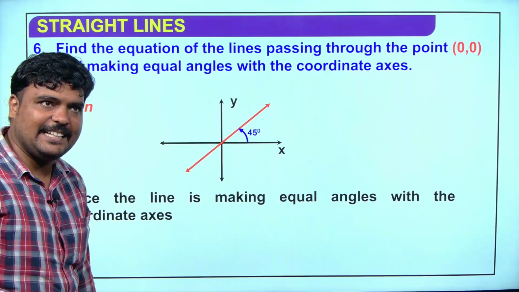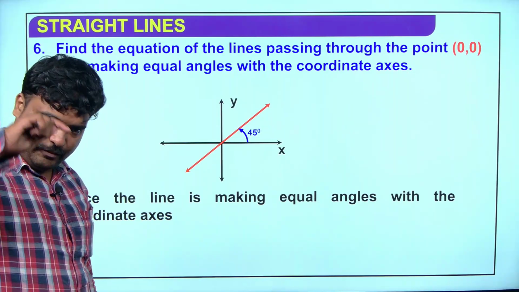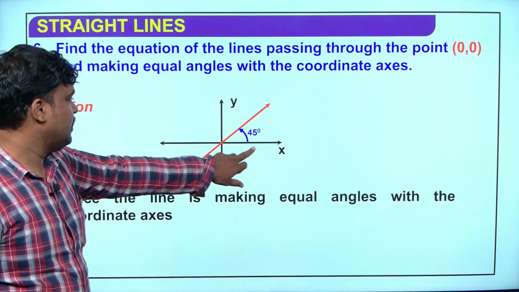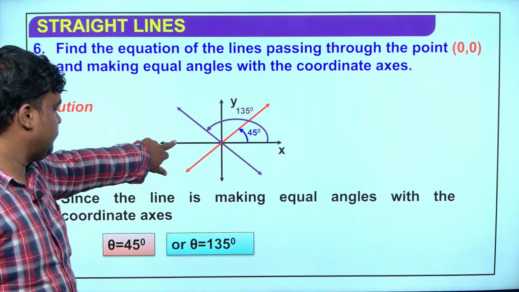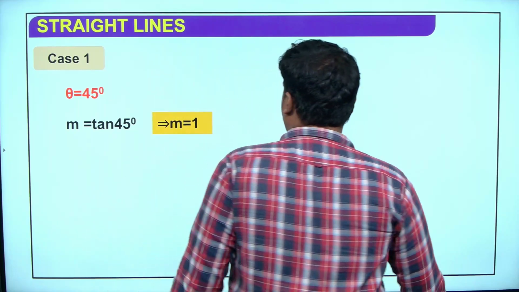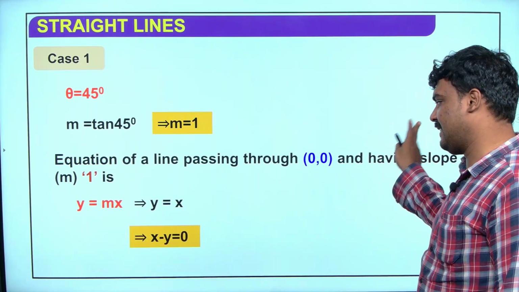So indirectly they gave theta as 45. If theta is 45, what is going to be m? 1. Yes, that's it. So y equal to mx, so y equal to x.